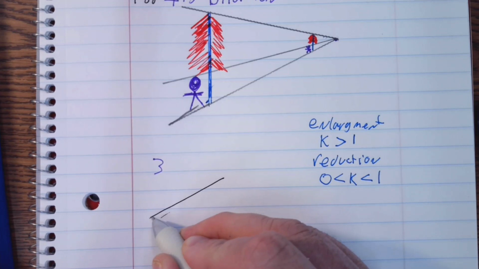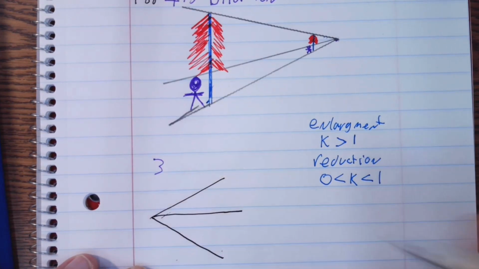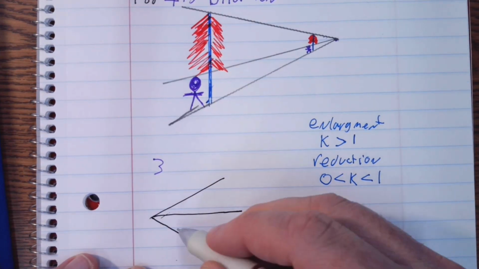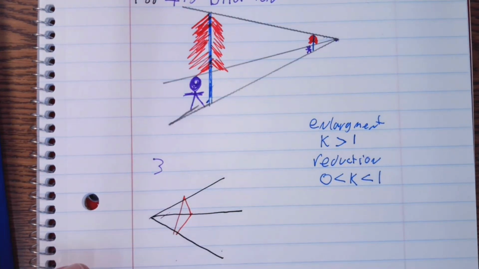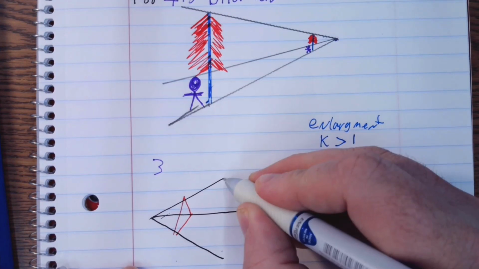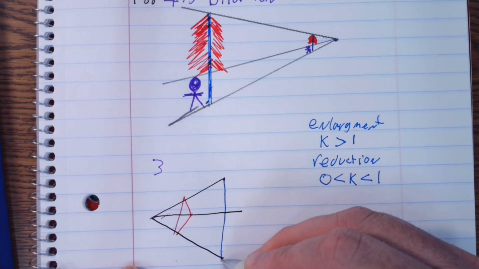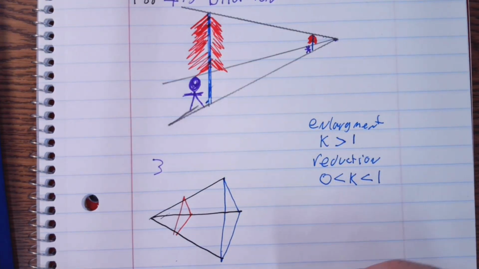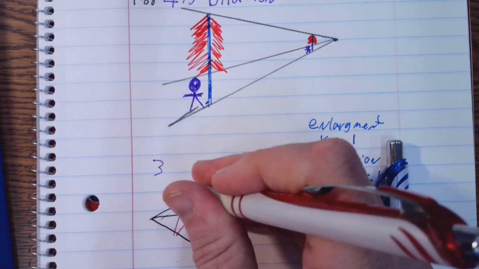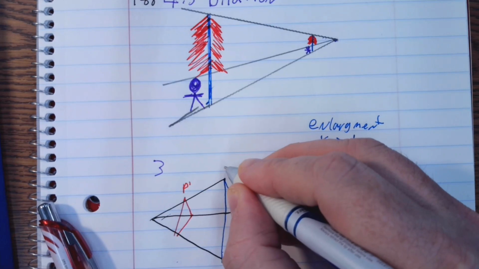Let's see if I can sketch it real quick. Okay, so basically what we're doing, right? Okay, and then number 3 has very, very little writing to do, but, you know, it's super exciting.